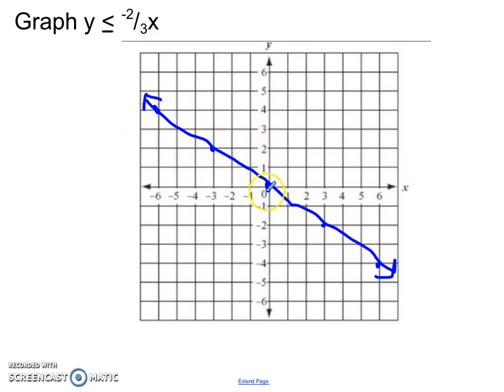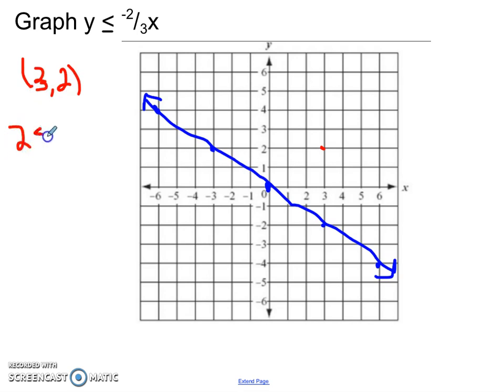For this one, we can't test the point 0, 0 because it's on the line, and because the equal to spot is there, it's going to definitely be true. So we can pick a different point out here somewhere. Because that's dividing by 3, I'm going to make that an x value of 3. So I've got the ordered pair 3, 2.